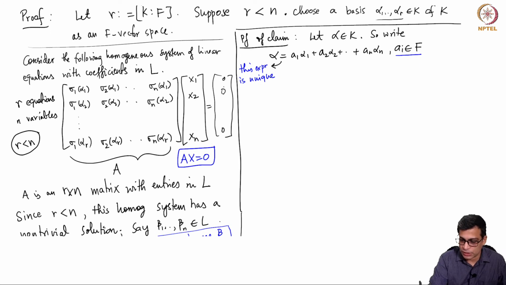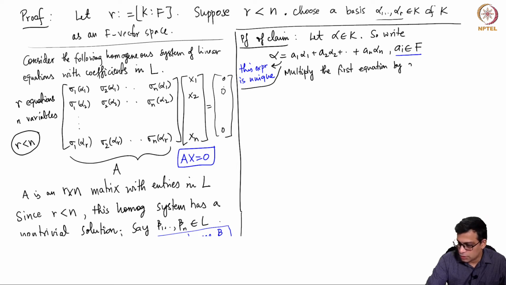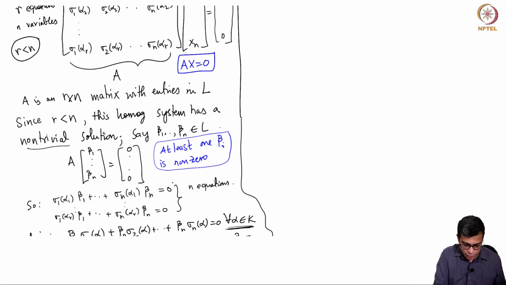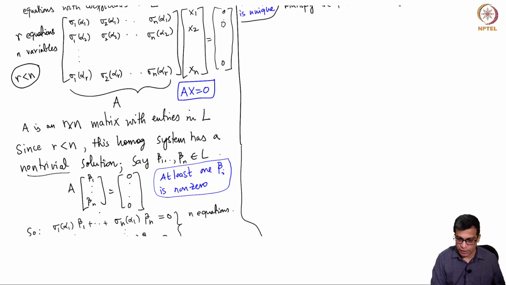So now let me start the proof of the claim. Multiply the first equation by sigma 1 A1. I claim that sigma 1 A1 is a scalar, so if I multiply this equation by any scalar, the equation will remain true. So what we get is sigma 1 A1 times sigma 1 alpha 1 times beta 1.